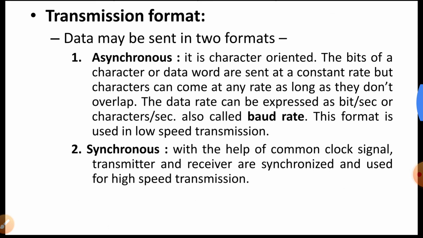Now, the second classification is based on the transmission format, and data can be sent in two formats: asynchronous and synchronous. I have already told you that asynchronous means at different times, synchronous means at the same time. Asynchronous data transfer is a scheme in which the data available from the sender side may not be received at the receiving end immediately.